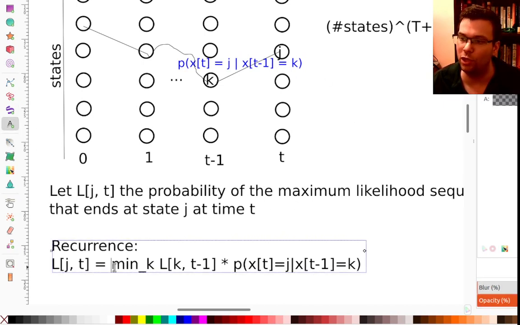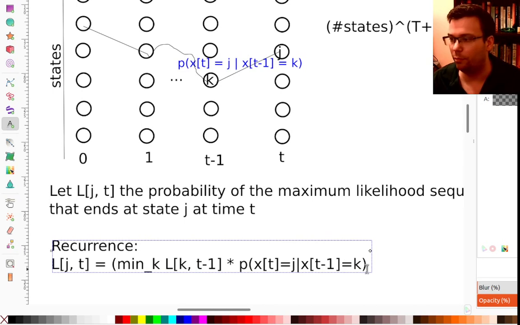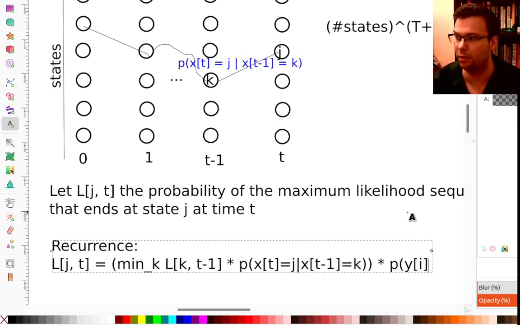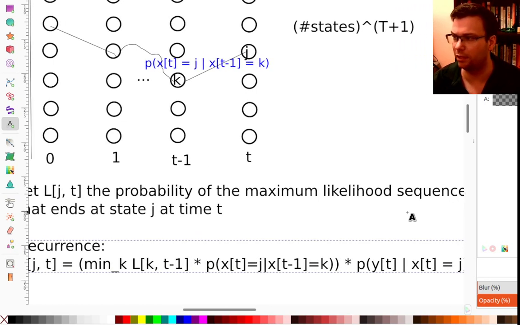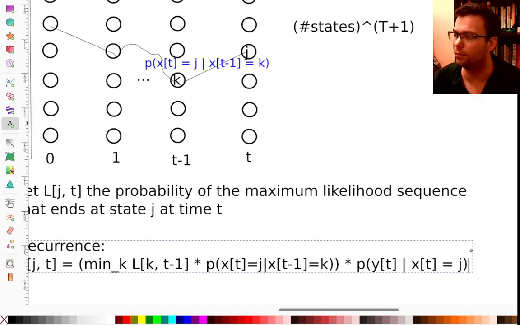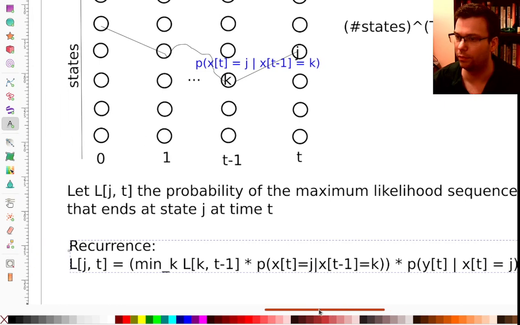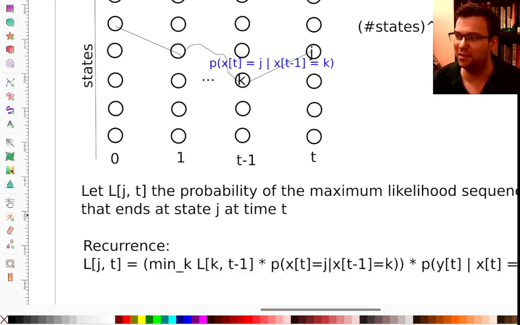But just like Bayes' filter, I have to then multiply that by the observation probability. So the probability of observing y at time t, given that we're in state J at time t. Okay, so that's my recurrence.